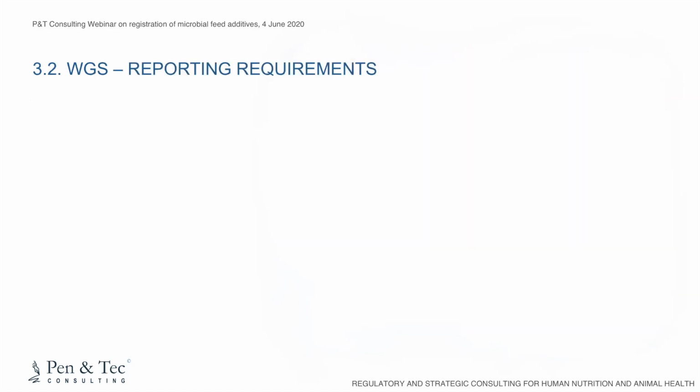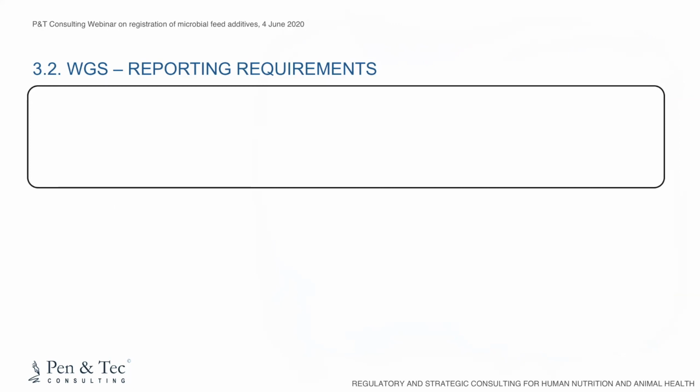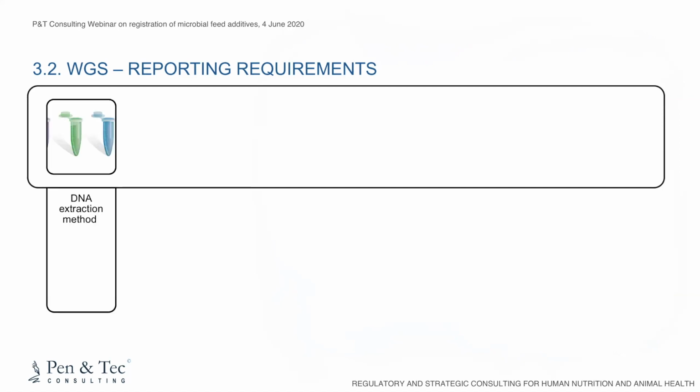In relation to the whole genome sequencing and to the reporting requirements, we're going to go through a few steps. So as a first step, the microorganism should be cultivated as a pure culture. Then the DNA is extracted, and the method for doing so should be described in the dossier.